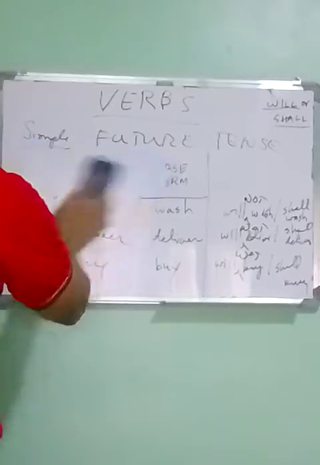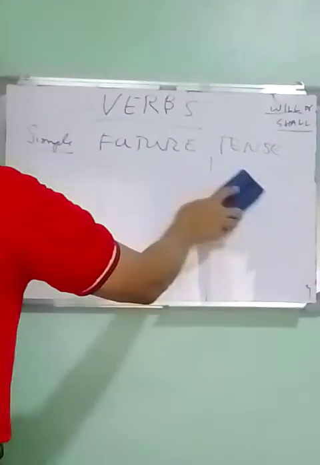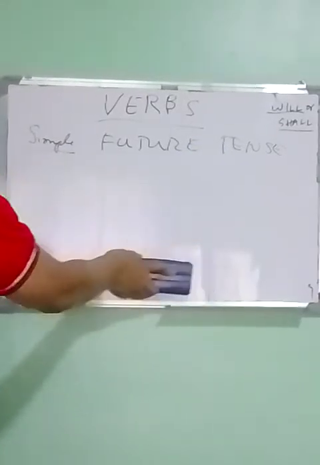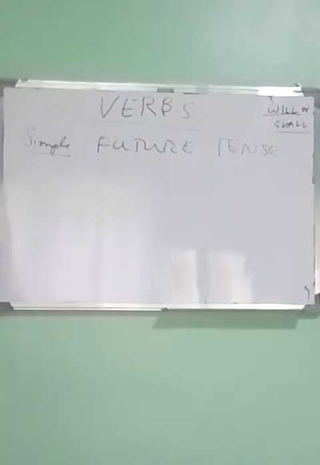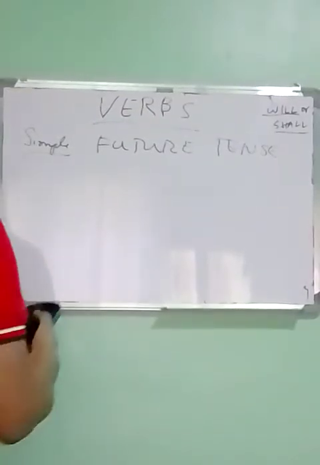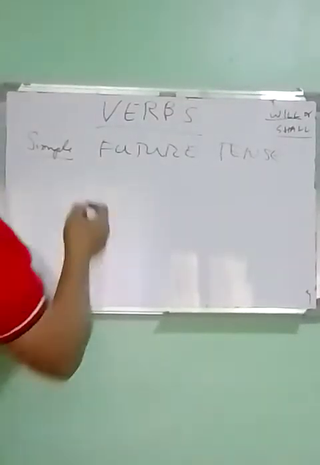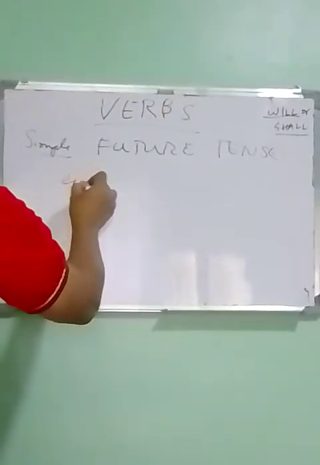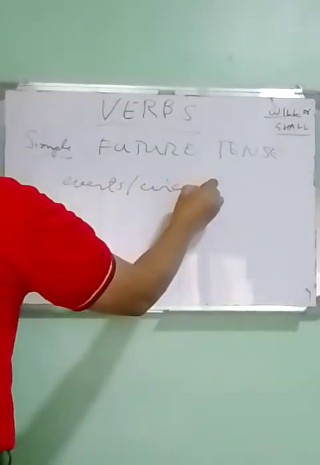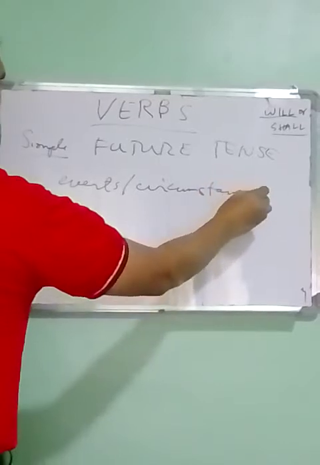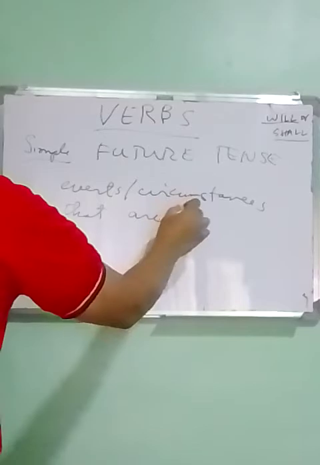Now, before we proceed to the next topic, when we say simple future tense, we are talking about events or something that has not occurred yet, or a state of being that is not yet existent. So that is events or circumstances that are to happen.